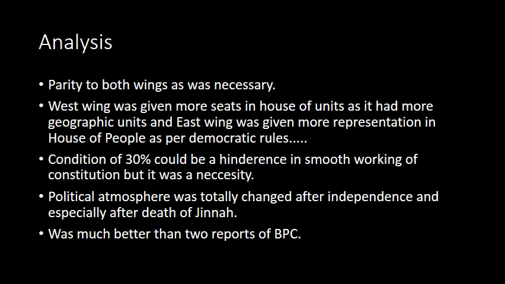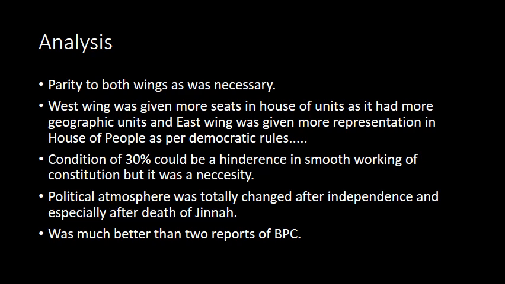The political atmosphere was totally changed after independence, and especially after the death of Jinnah. If we see the political and constitutional history of Pakistan, the political atmosphere totally changed after independence. Before independence, both wings of the country were united under the leadership of Jinnah and under the umbrella of Muslim nationhood. But after independence, many movements started developing from inside, based on linguistic, provincial and regional movements.